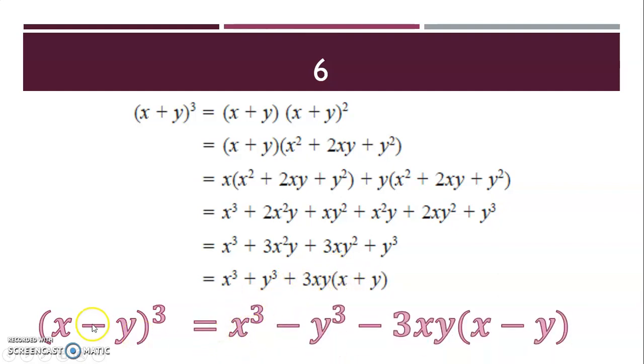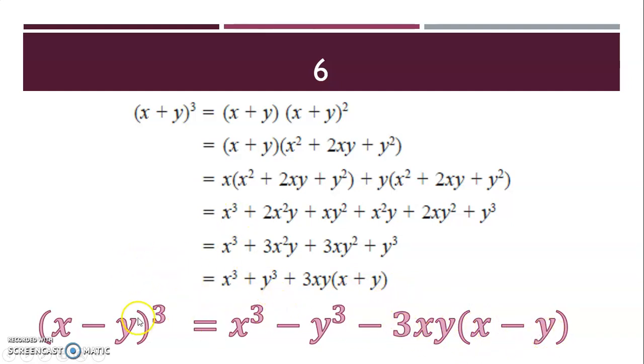So when I put (x - y)³, I replace y with minus y: I'll get x³, in place of y³ it becomes minus y³, instead of 3xy it will be minus 3xy, and instead of (x + y) it will be (x - y).